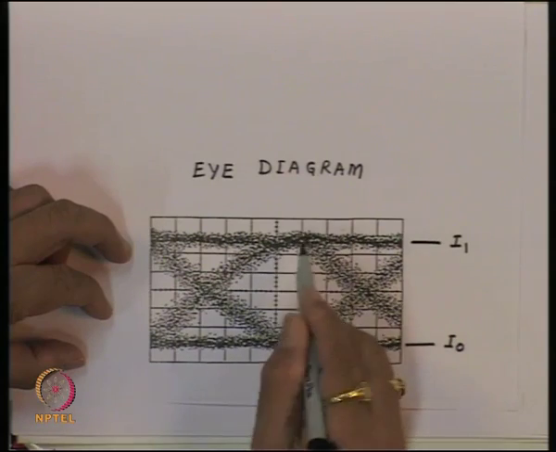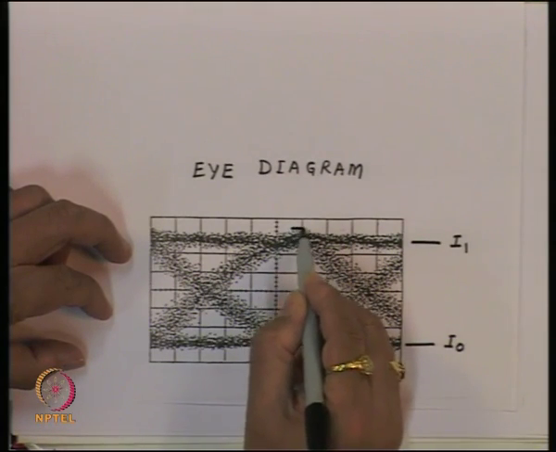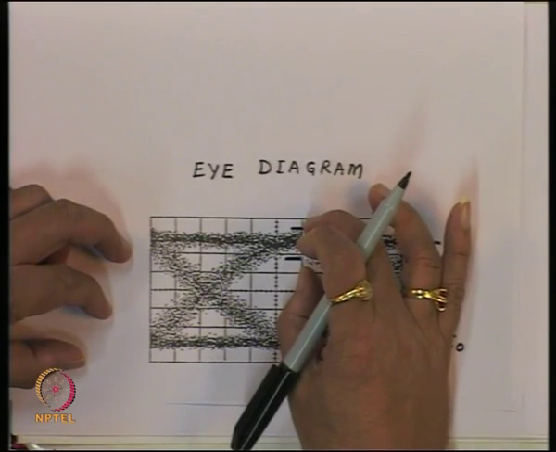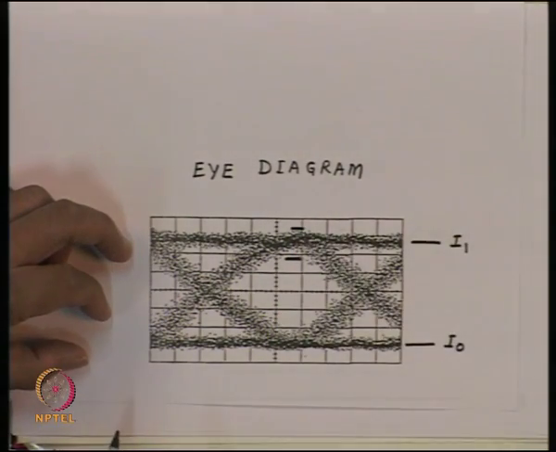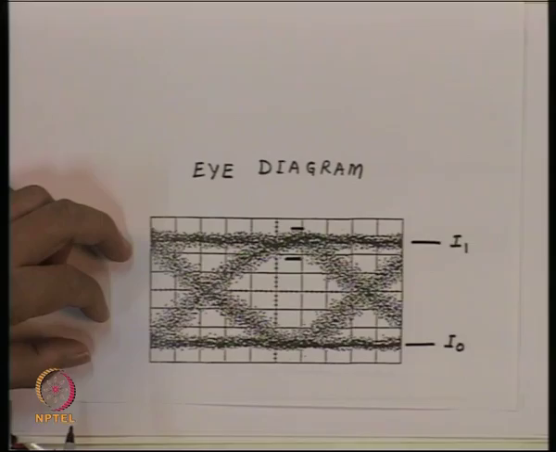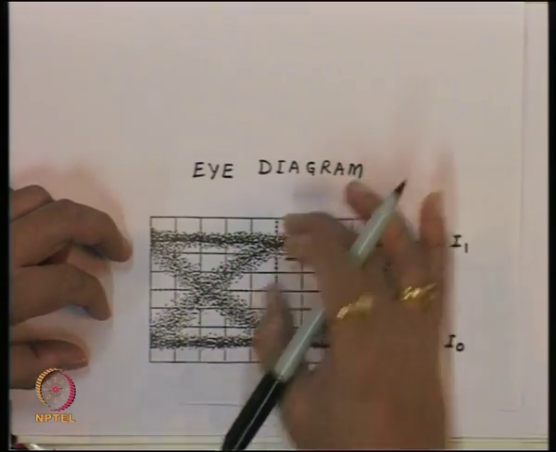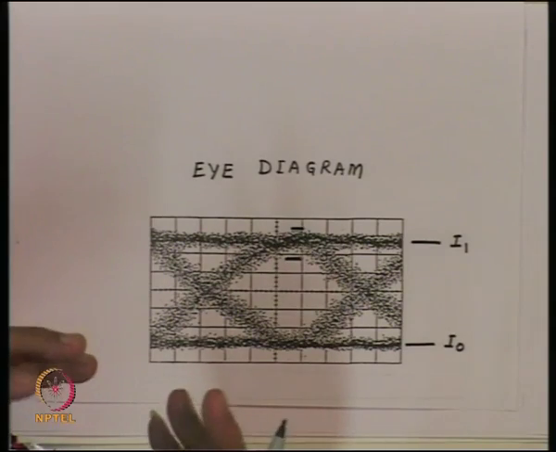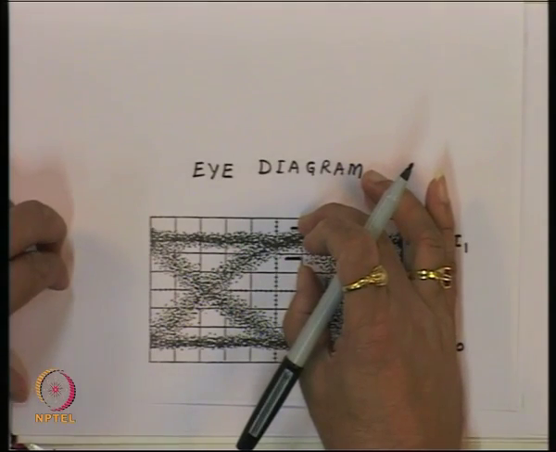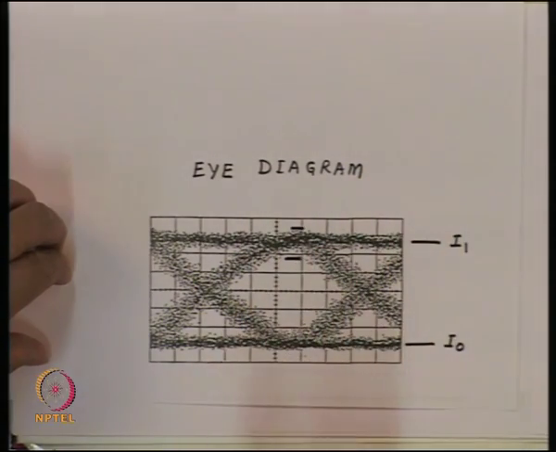Also, knowing the maximum deviation which we get from here to here, we can calculate the variance of the noise corresponding to level 1. Because if we assume that this distribution is almost Gaussian, then the peak to peak spread will be typically about 5 to 6 sigma. So, if we measure this peak to peak deviation from here, 1/5 of that approximately gives the value of sigma 1.